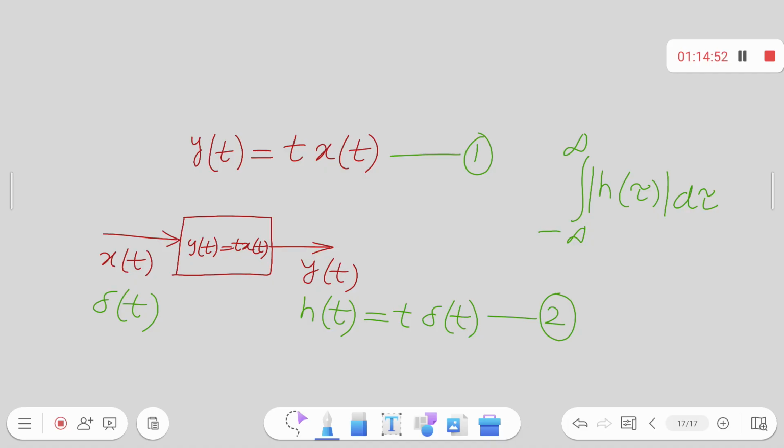The input is not unbounded actually. Or you can also consider y[n] equal to n times x[n], the discrete counterpart. Where is the fallacy?